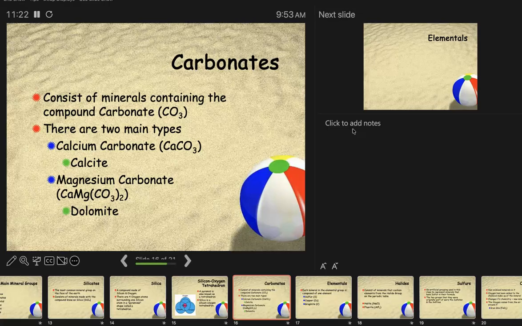Absolutely huge. There's another mineral that is fairly common. We don't see it in lab. It's called dolomite. And if I remember, it is a magnesium carbonate. And dolomite's an odd duck as well.